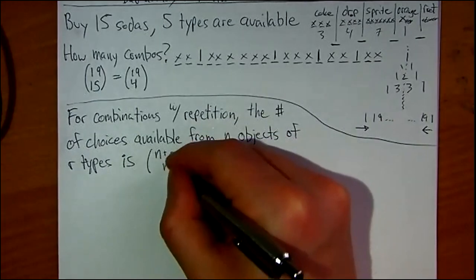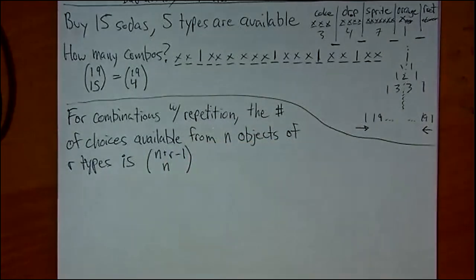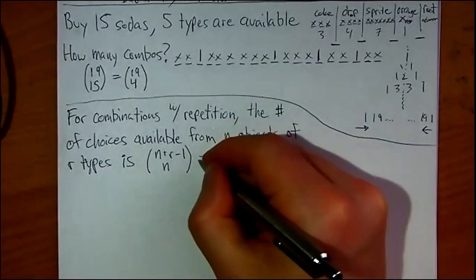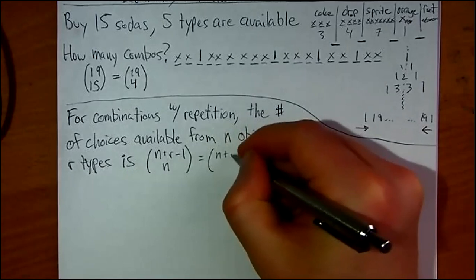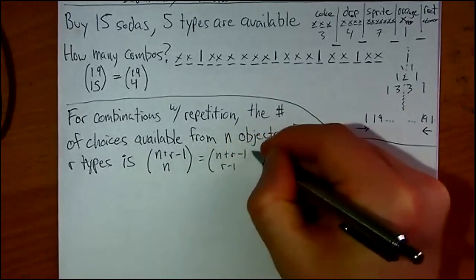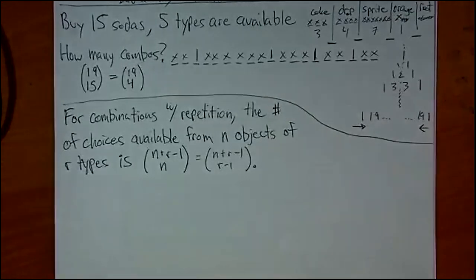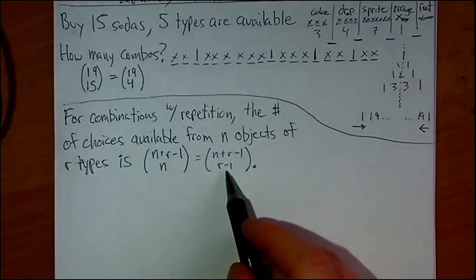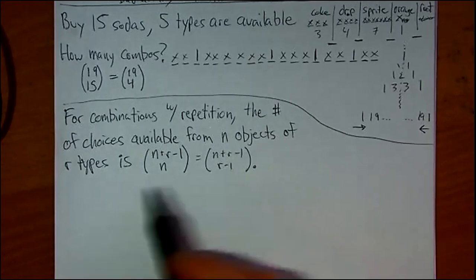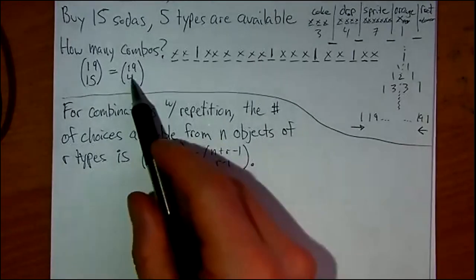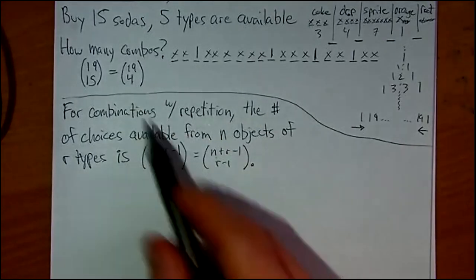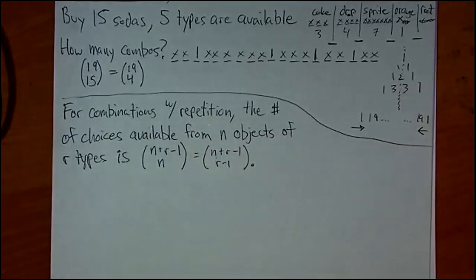Either way. Because the 5 minus 1 is 4 types. That's this one, right? Or we could choose 15. Either way, they're equal to each other. What do you guys think?